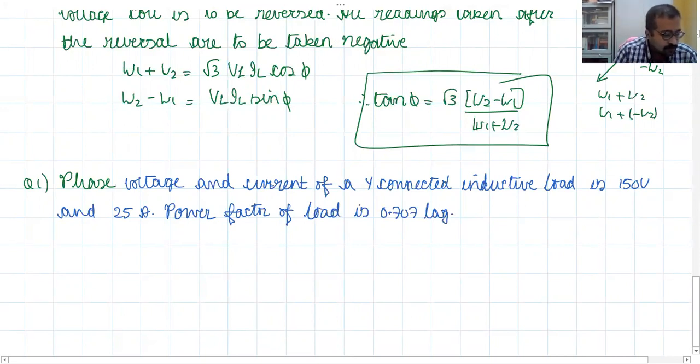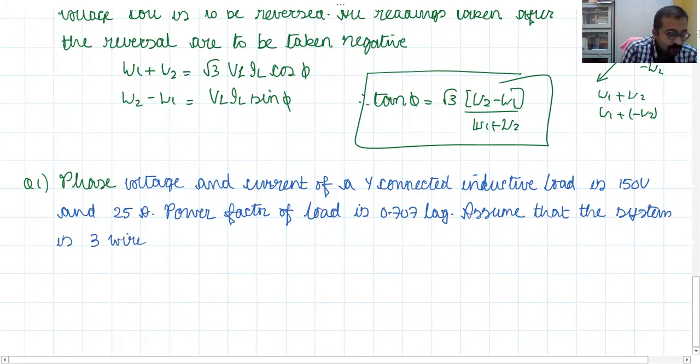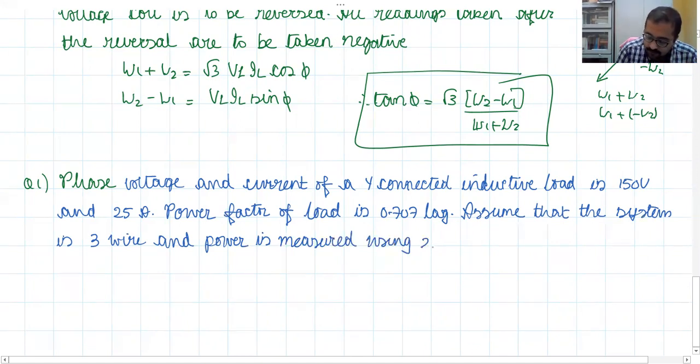Assume that the system is 3-wire and power is measured using 2 wattmeters. Find the wattmeter readings.